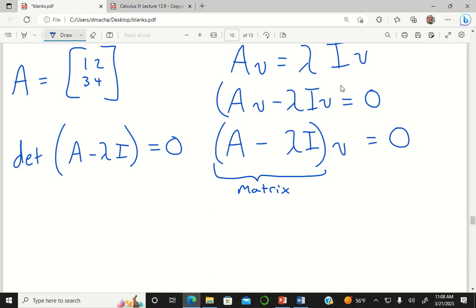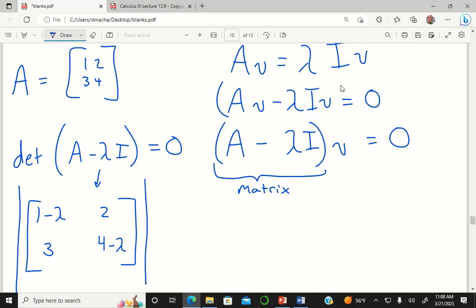So if A is my matrix 1, 2, 3, 4, then this particular matrix is going to be the matrix 1 minus lambda, 2, 3, 4 minus lambda. And again, I'm doing the determinant of that matrix equals 0.